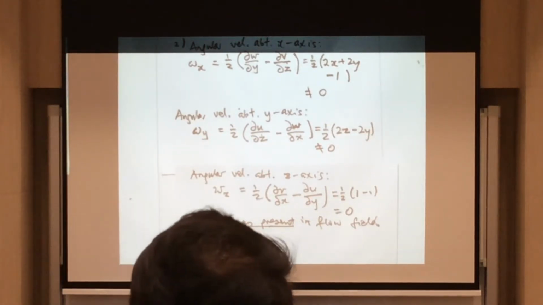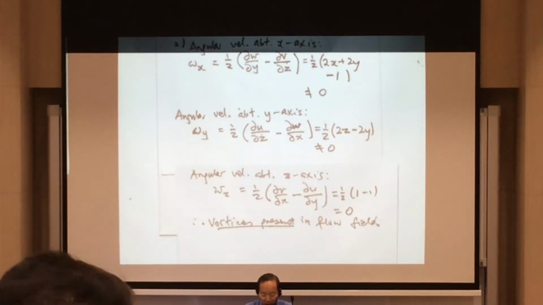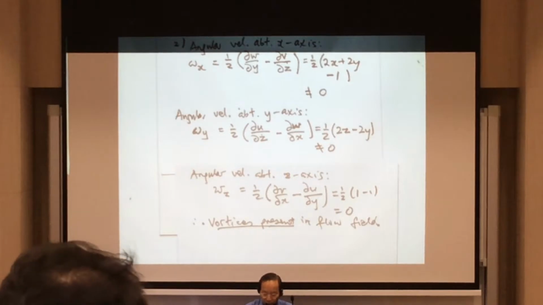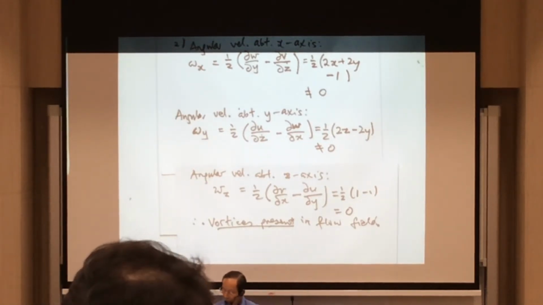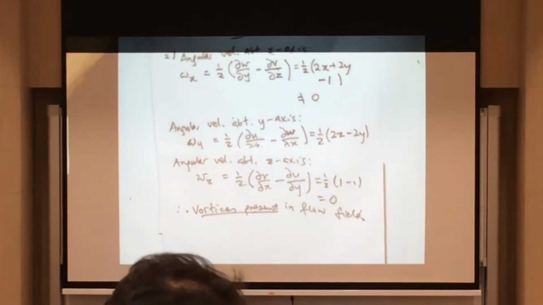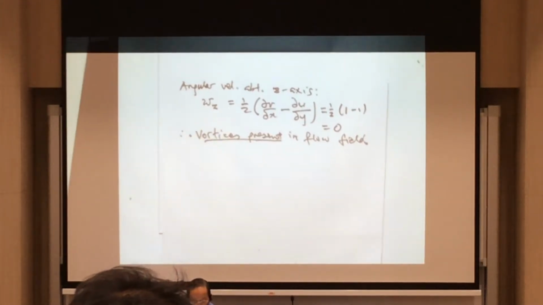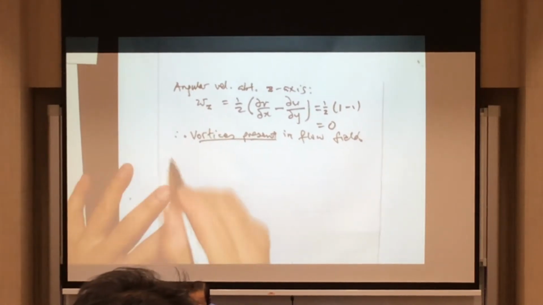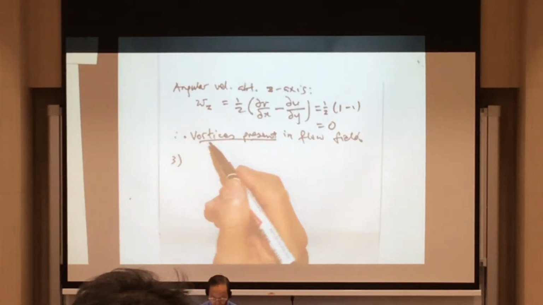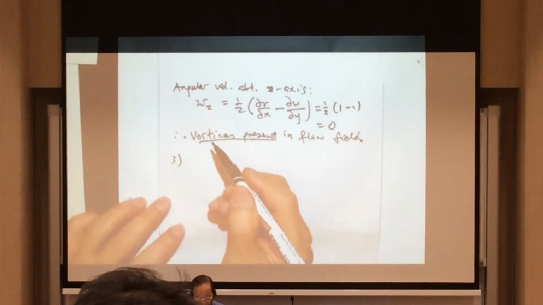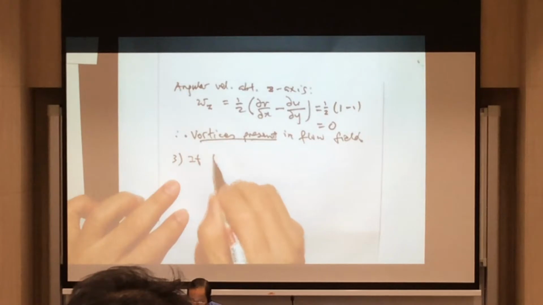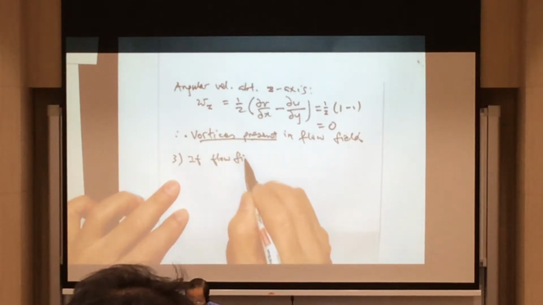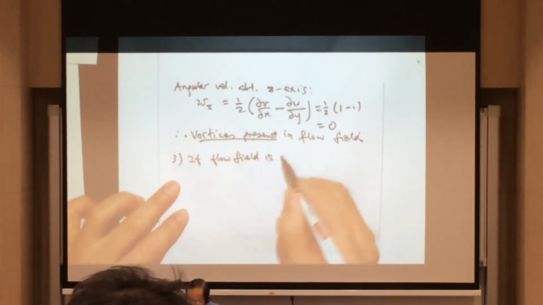So here, in the third part, we're asked to derive an expression or a condition if the flow field is assumed to be irrotational. So if the flow field is irrotational, then what happens?